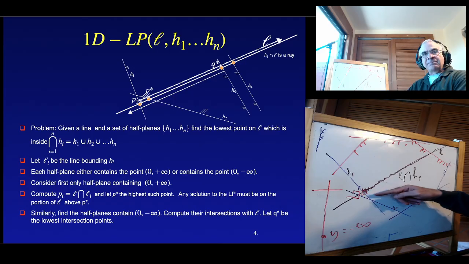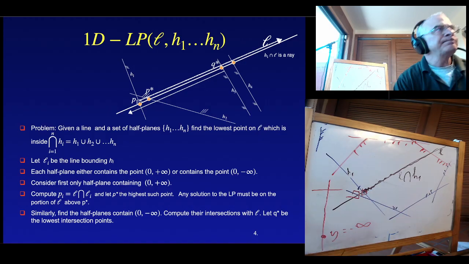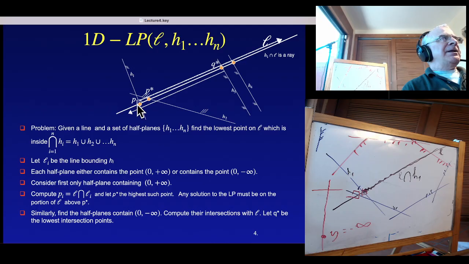It is determined by what? It is determined by the highest point among all these points Li that I computed. Right? Proof by example. Here is the intersection with P1, the intersection with H1. P star will be the intersection with H2. Both of them are looking upward.